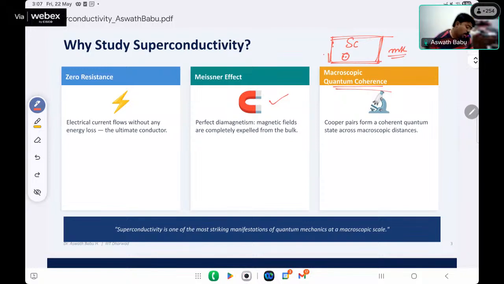So one way or the other, these things are going to give us beautiful applications. That's why superconductivity is one of the most striking manifestations of quantum mechanics at the macroscopic level. You see, such an interesting thing.